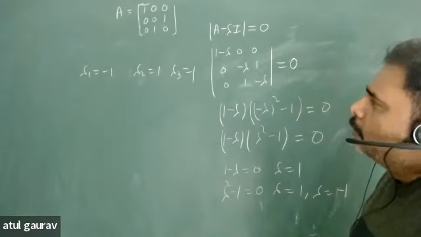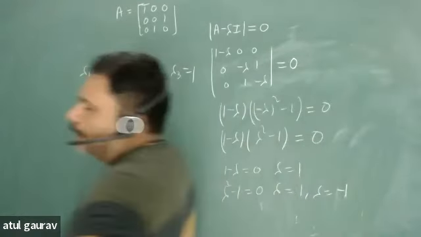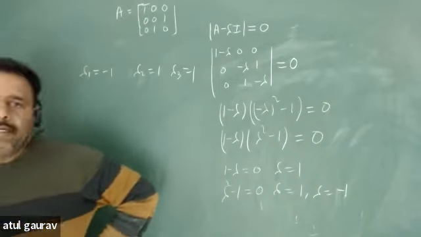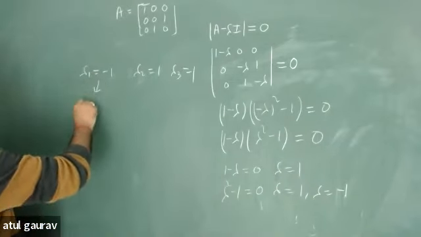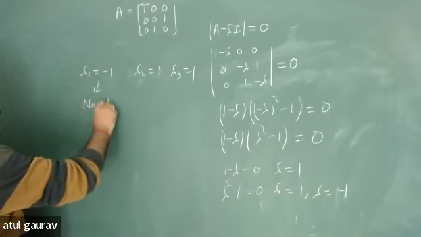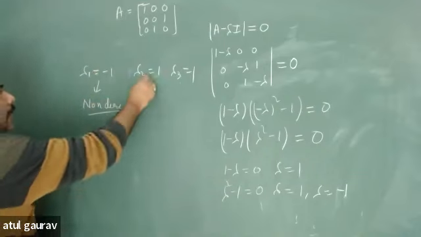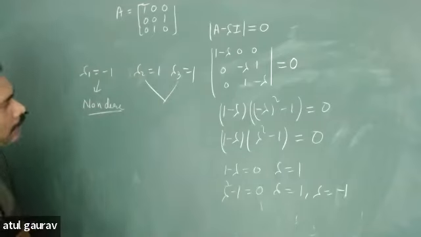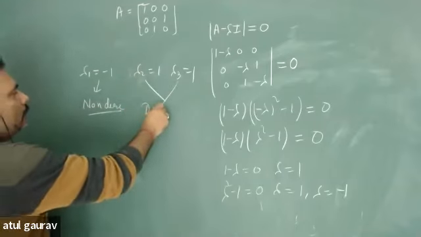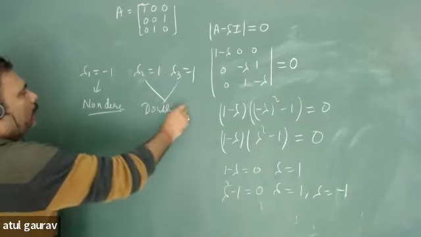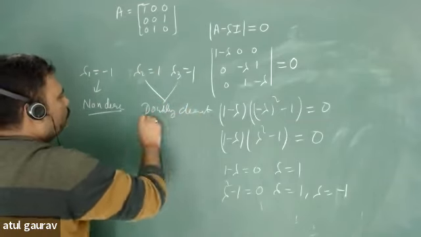So lambda 1 is equal to minus 1 is degenerate or non-degenerate? Non-degenerate. And lambda 2 is equal to lambda 3, that is doubly degenerate because it is repeated twice.